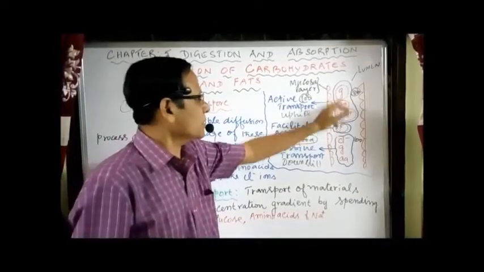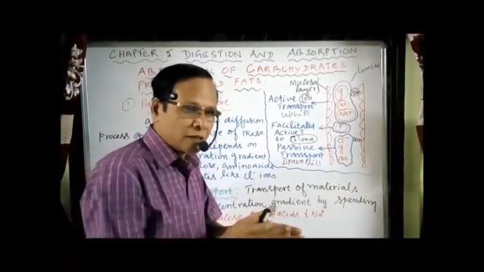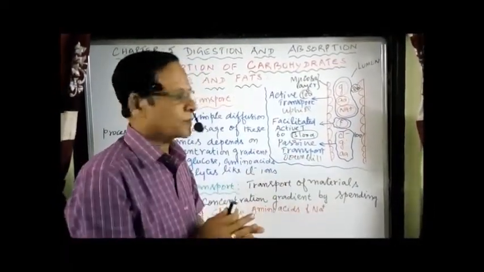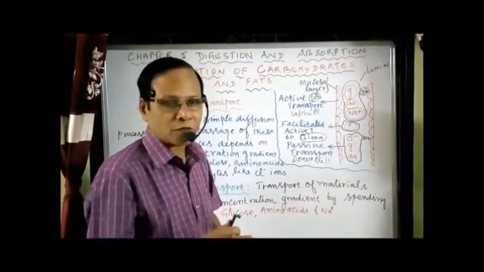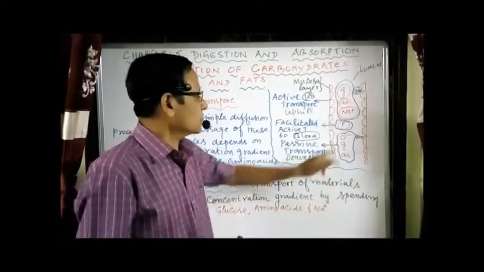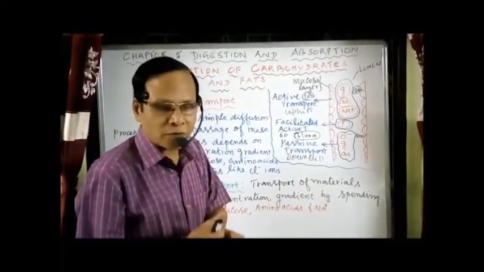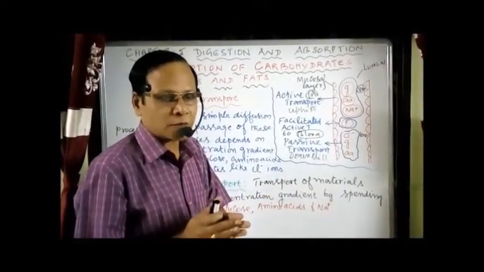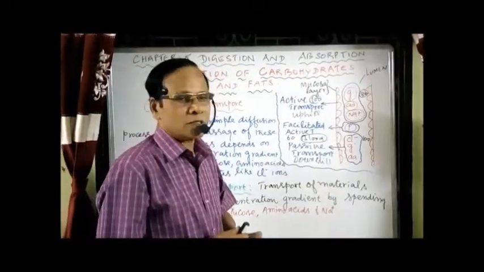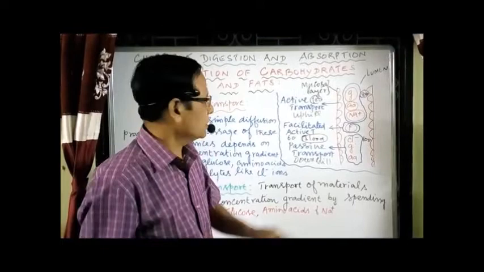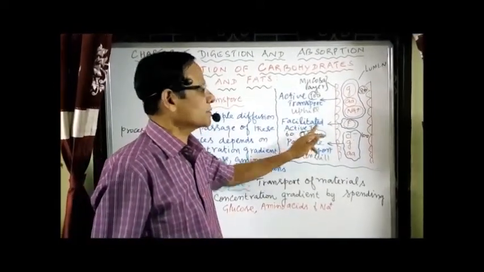So here no carrier molecules are required to carry these molecules into the blood. But in the case of facilitated transport, F refers to fructose. So fructose needs a helper molecule, a carrier molecule, for its transport. It cannot move on its own. So the transport of materials with the help of a carrier molecule is called facilitated active transport.